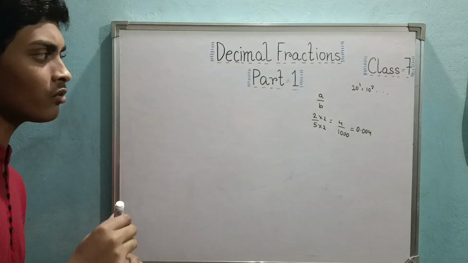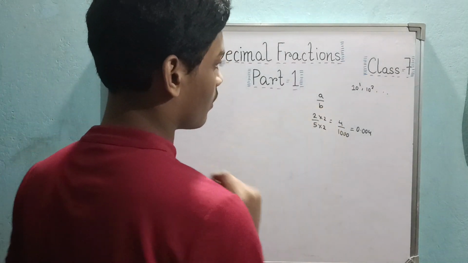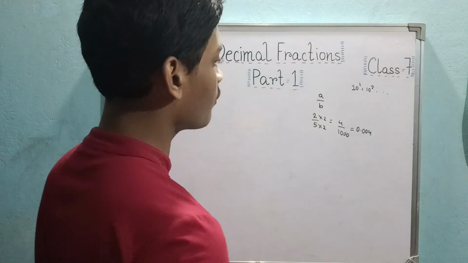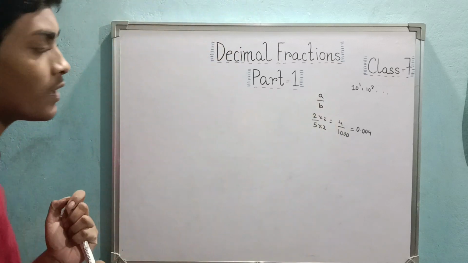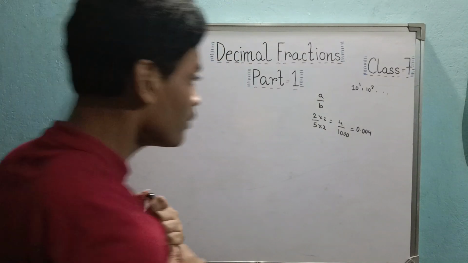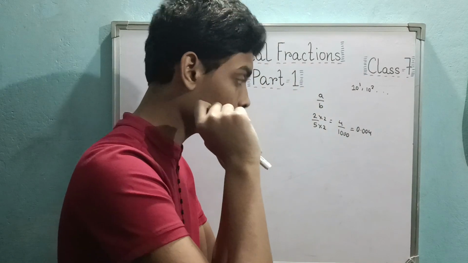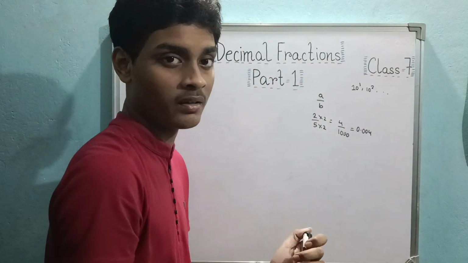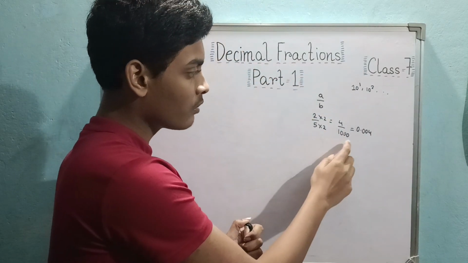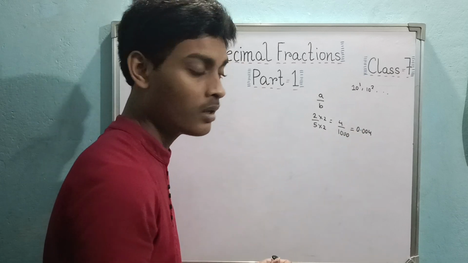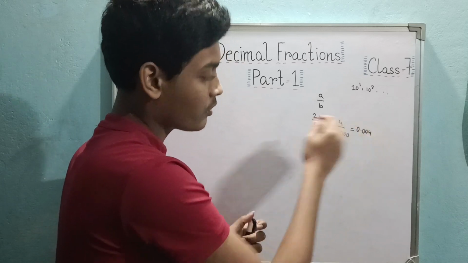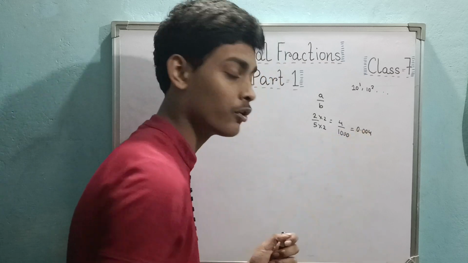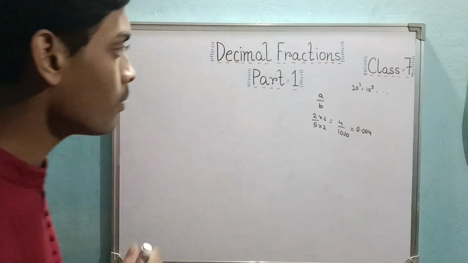This is how you can solve sums which involve converting a fraction into a decimal. Try to make the denominator a power of 10. Then the number of zeros is equal to the number of places after the decimal point. So I hope you understand.